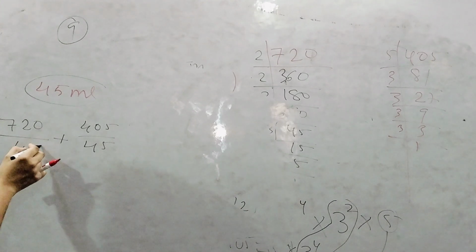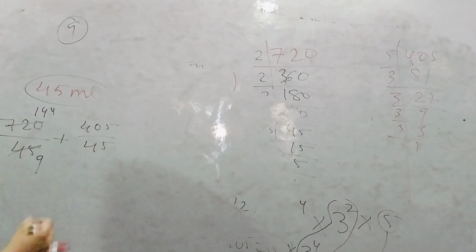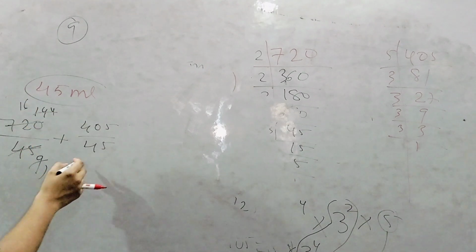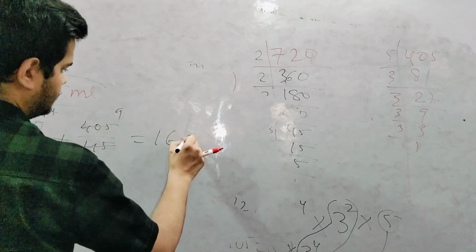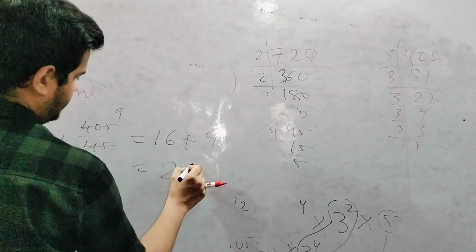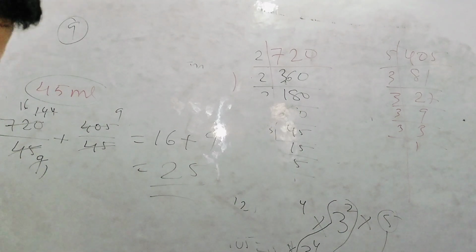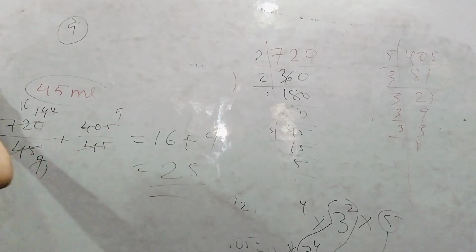So this becomes 16, and this is 9. So 25 glasses minimum are required to serve everyone. Okay, please note it down.